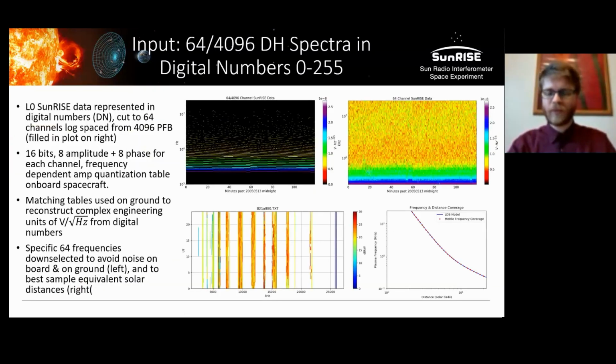The sunrise spectra actually are generated with a channel bandwidth of 6.1 kilohertz for a total of 4,096 channels between 0 and 25 megahertz, but we're only downloading 64 of them. We have to download very specifically to avoid known ground emitters that will clog up the science data. So we have to avoid these ground emissions and also select channels such that they more or less evenly sample the range of solar distances between 2 and 20 solar radii.